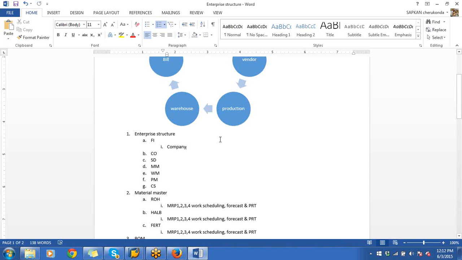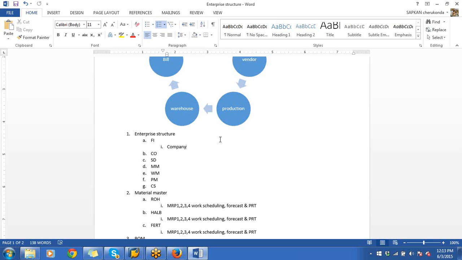First of all, let us define what is company code. Company code is SAP jargon, but in general terminology, it's a legal entity. Without having a legal entity, it is illegal to do business in any country. So we have to have a legal entity.